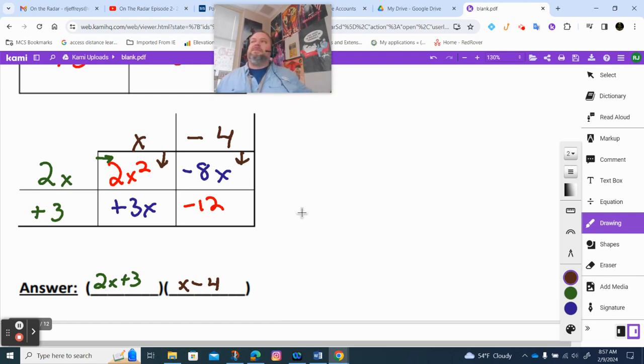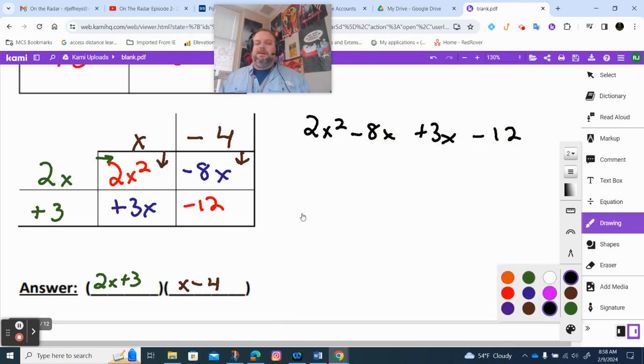Yeah. All right. Let me show it to you this way. If I group it like this, what's the biggest number I can take out of 2 and 8? 2.